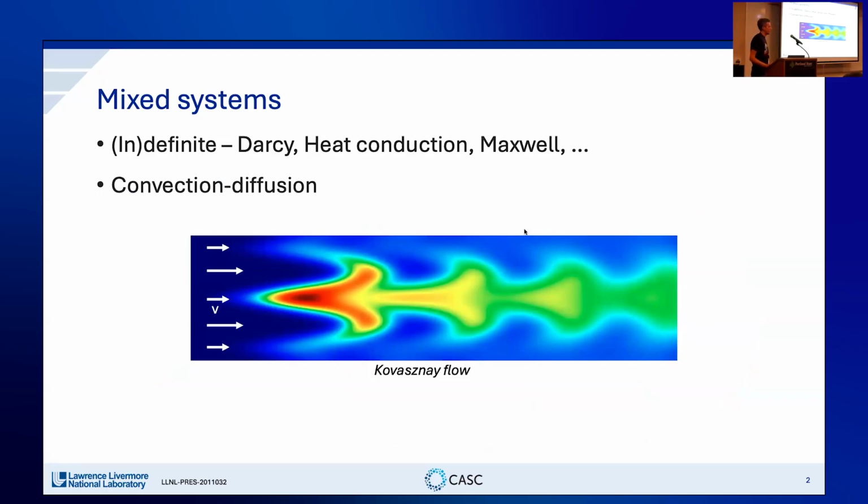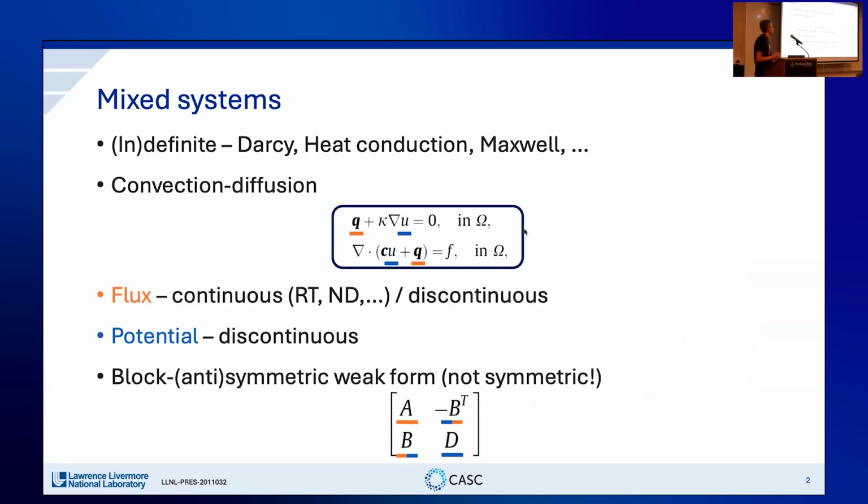But the largest class, at least in applications, is probably the convection-diffusion system. Like here, we have an example of non-uniform flow of some contaminant, which is known as Kovasznay flow. And mathematically, we can formulate it, for example, like this.